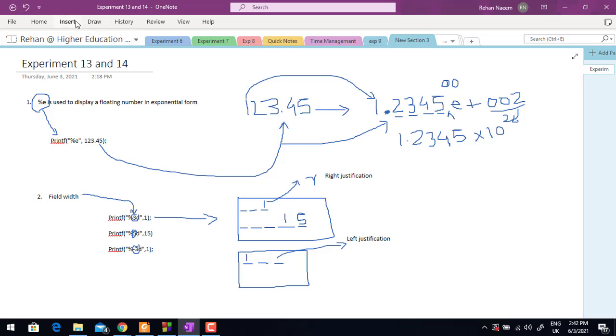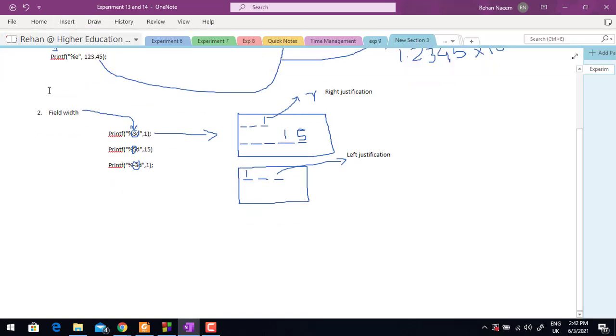Okay, the next concept is the concept of precision.